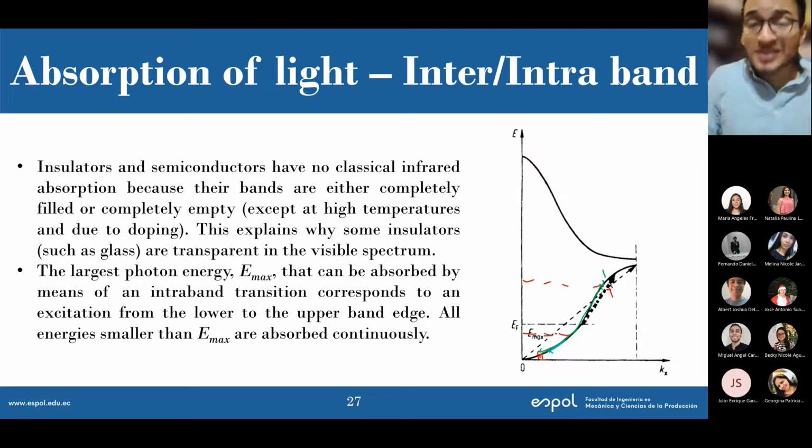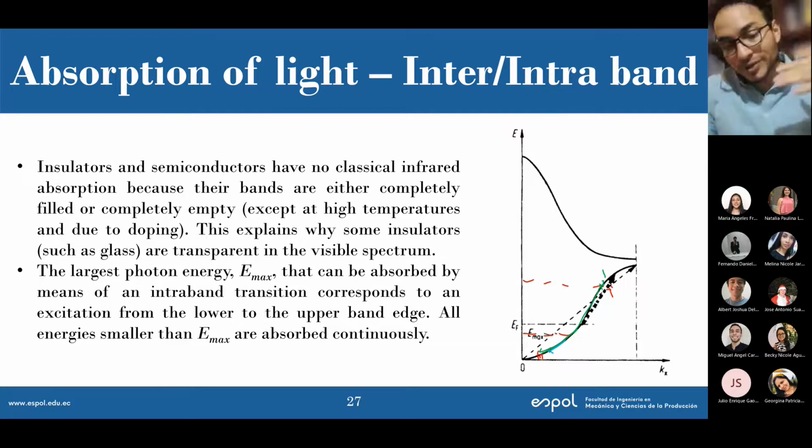It must be an intraband transition, and that's why this happens at low photon energies. Intraband transitions are the only ones possible because we have very low photon energy. Once we go to higher photon energies, then yes, you can have the interband transition, and then you can have a jump from one band to the other.